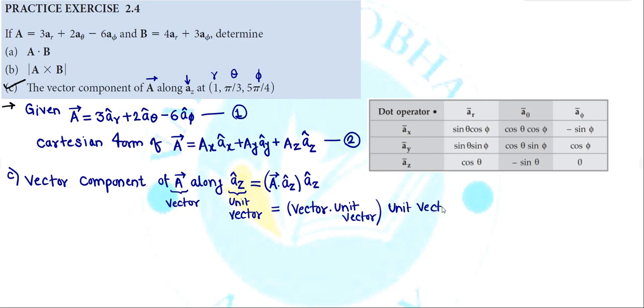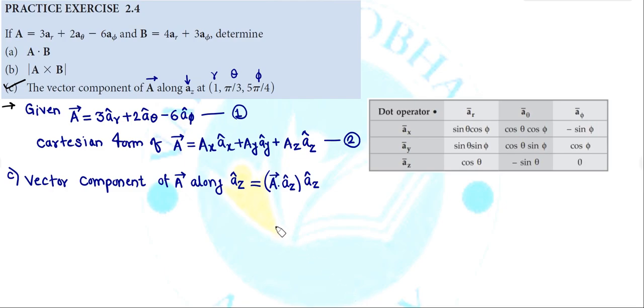I'm going to rub it out because this is just for your reference. So we have to take the dot product of our given vector A with az over here, and then again multiply it by your given unit vector.